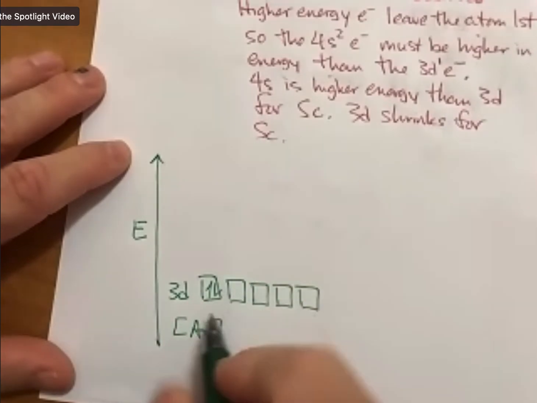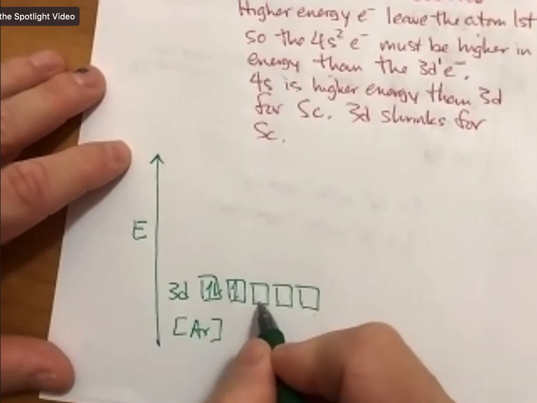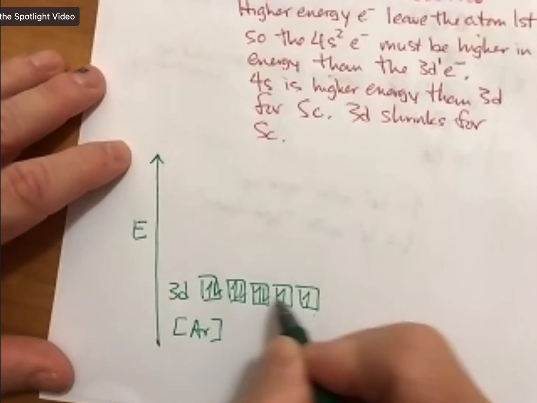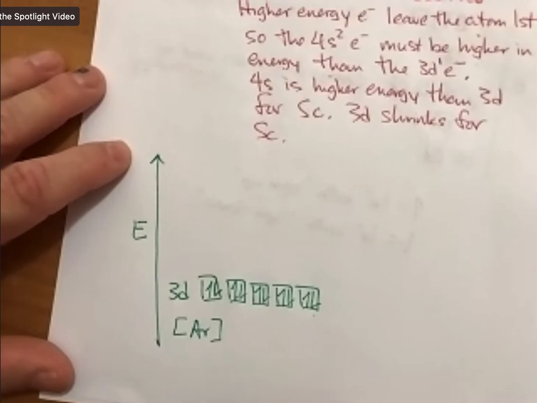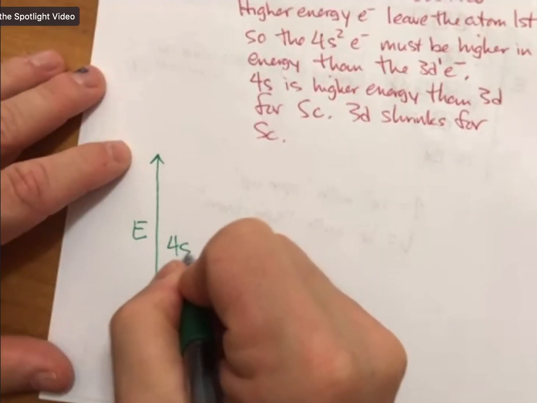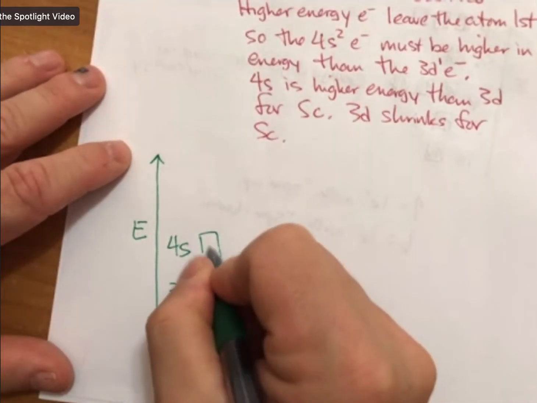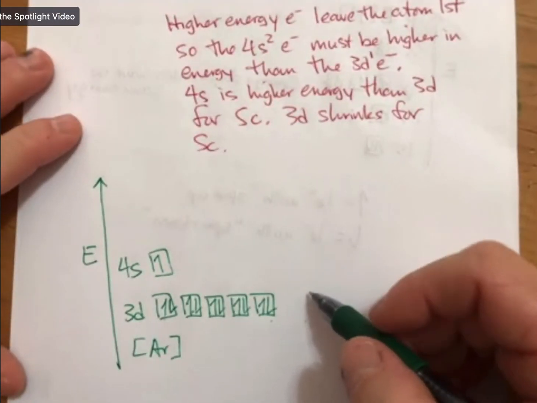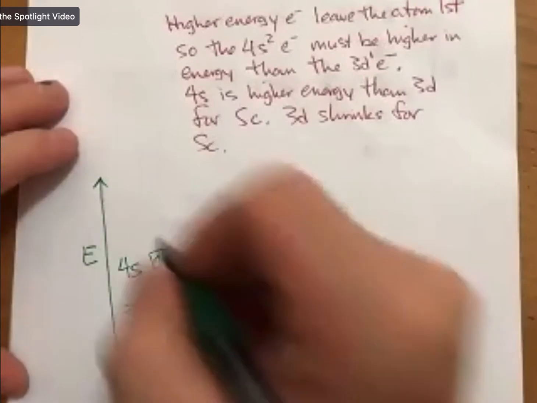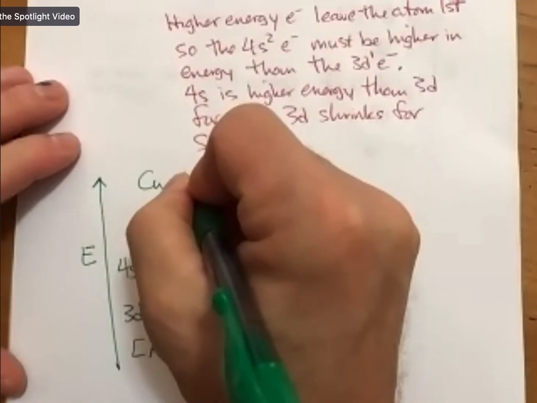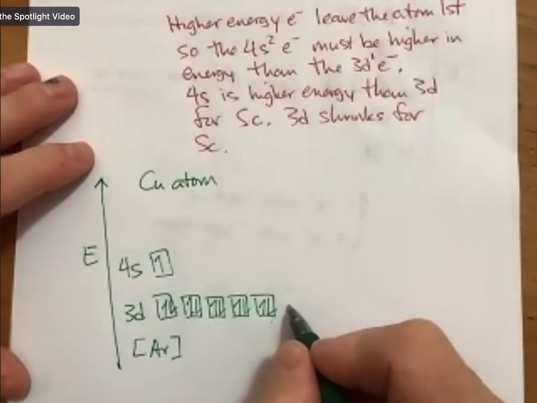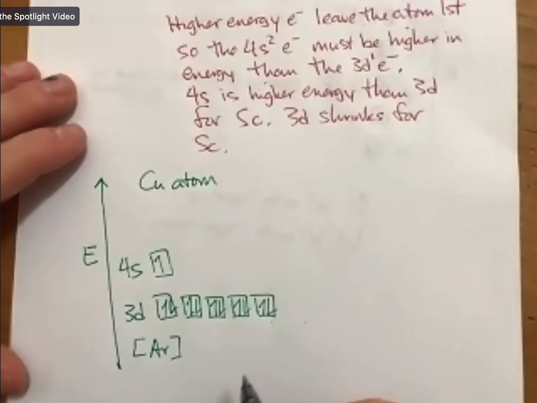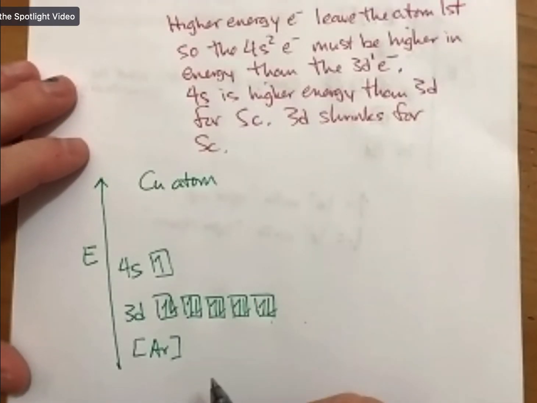Nope, that's bad form. I should do one in each. And then you put 4s1. So this is a proper orbital energy diagram for the copper atom. And it must have 3d lower in energy than 4s. Any questions about that?